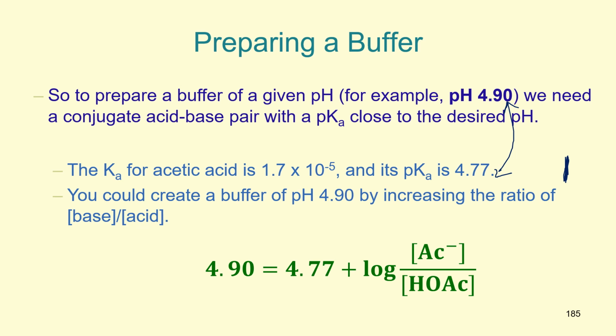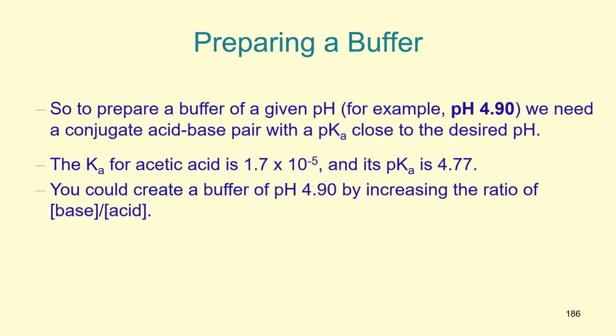So we have the pH that we want the buffer to be, and we have the pKa. If we subtract, what do we get? 0.13. So 0.13 equals the log of the acetate ion to the acetic acid.